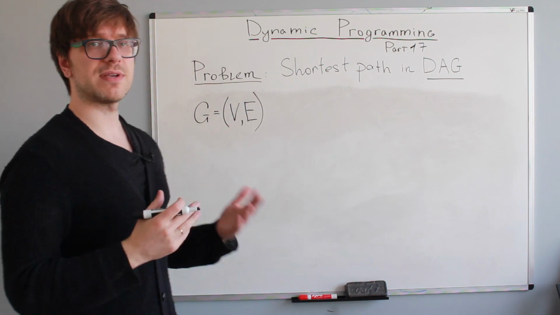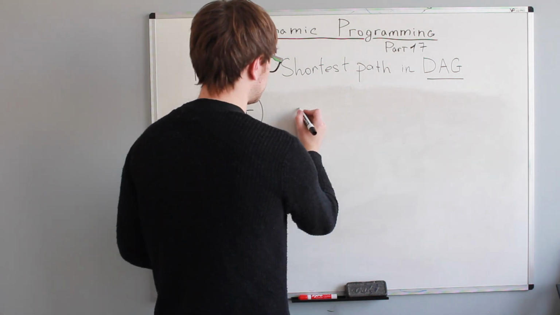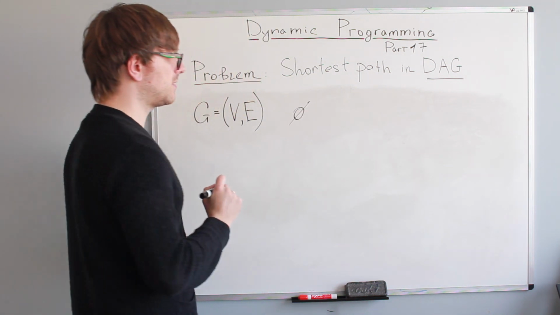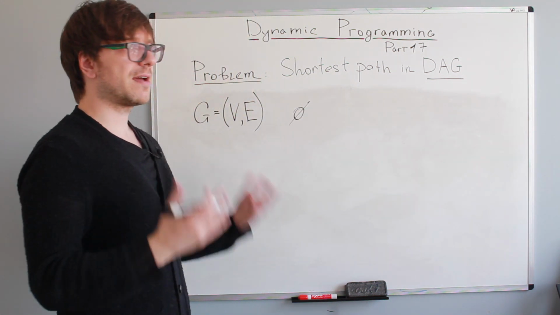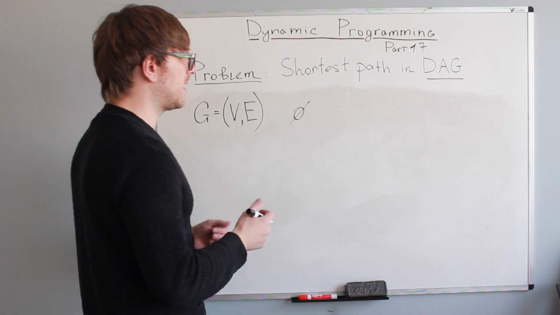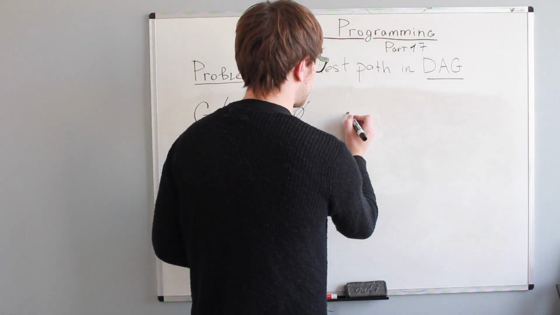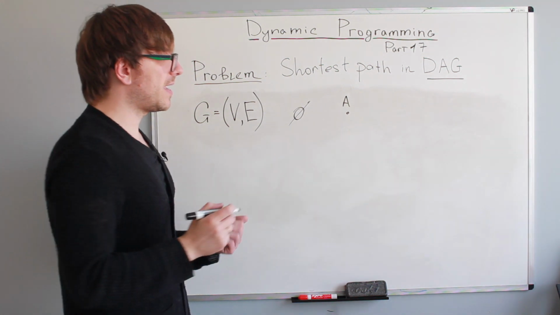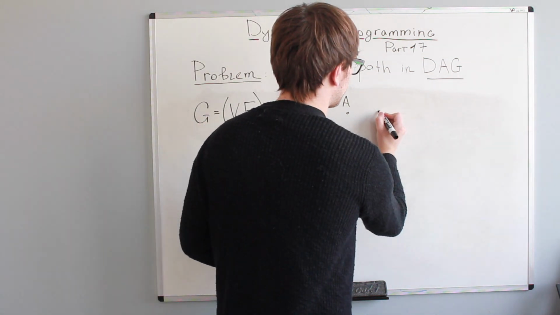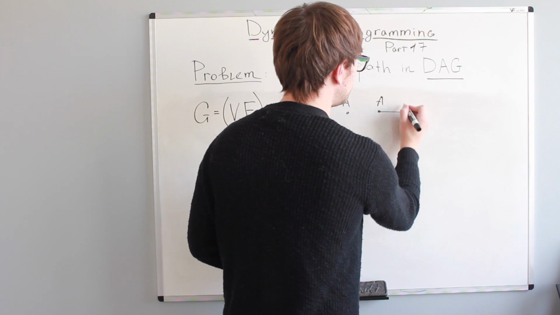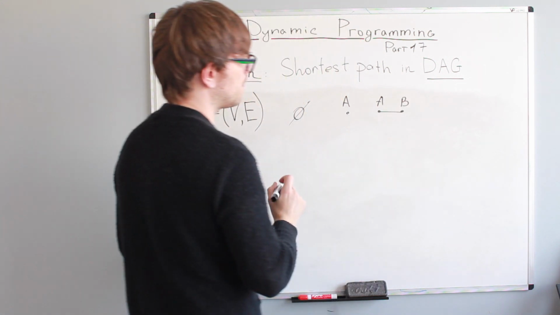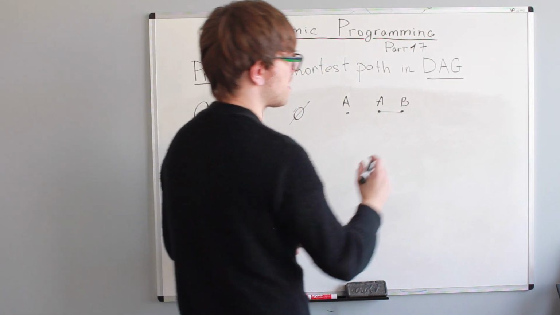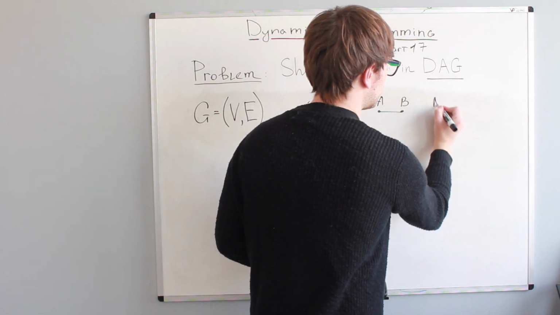Let's take a look at some examples of basic graphs. So here is an example of an empty graph. This graph does not have any nodes and it does not have any edges. Here is another example of a graph with just one node named A. Let's take a look at one more example. Let's say a graph with two nodes, A and B. There is just one edge between them. Here is one more.